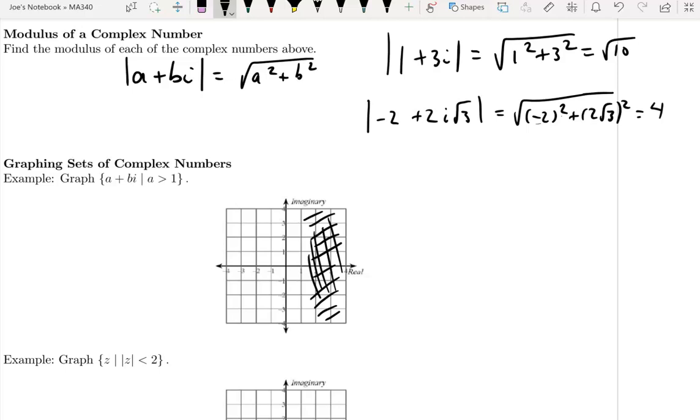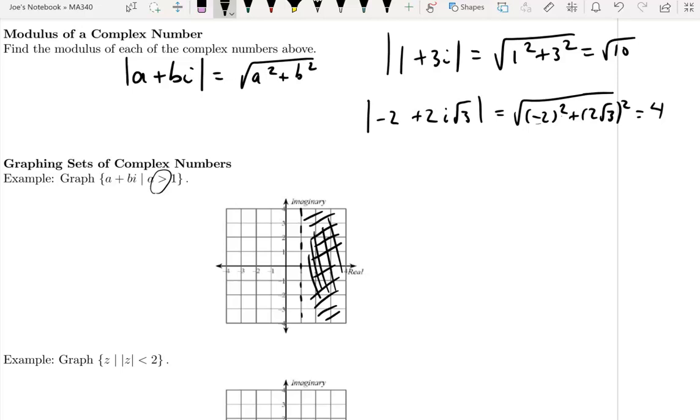Would we include the line x equals 1? Looking at this, do I include or exclude? Exclude it, so we use a dashed line for that. So really, all this is asking you for is to graph the set of points that have an x coordinate bigger than 1. Graph x is greater than 1, that inequality. Not particularly exciting, but that's what it's asking you to do.